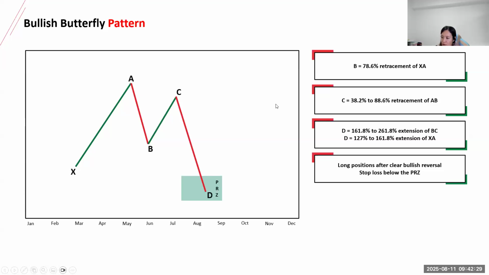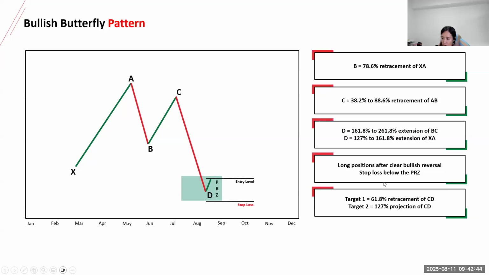Once you see a really clear reversal pattern or rejection, we're going to long or buy from this PRC zone. Stop loss, you push below the PRC zone. For take profit, they have TP1 at 61.8% retracement of C to D, and TP2 at 127 projection of CD or extension, which is right here.